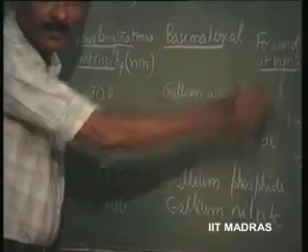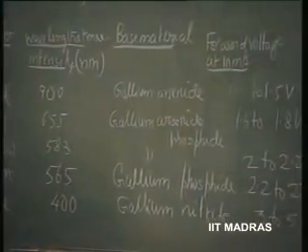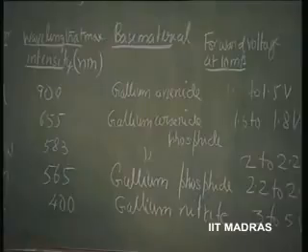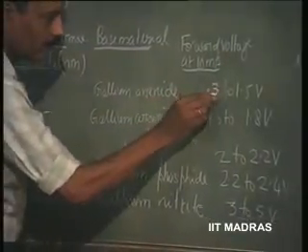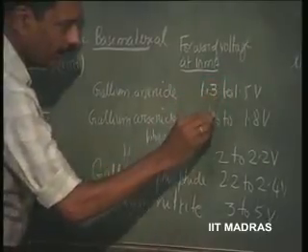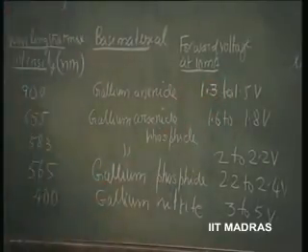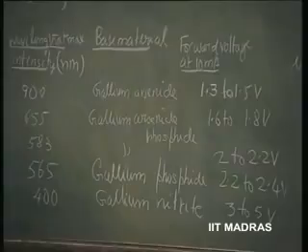is applied, typically 10 milliamperes or so, and the typical forward bias voltage. Now please compare this with the forward bias voltage of a silicon diode, which is of the order of 0.5 to 0.7 we said, at currents of the order of milliamperes.